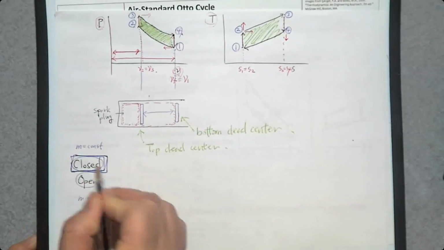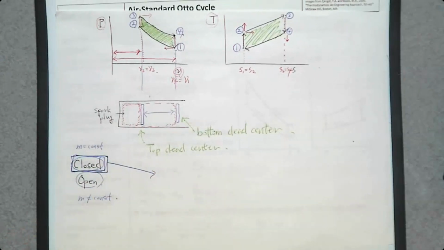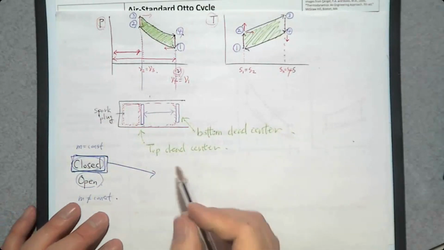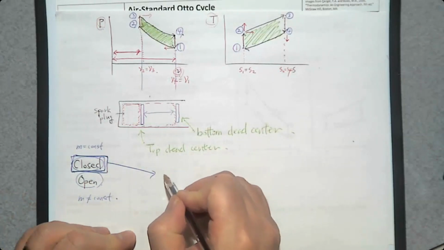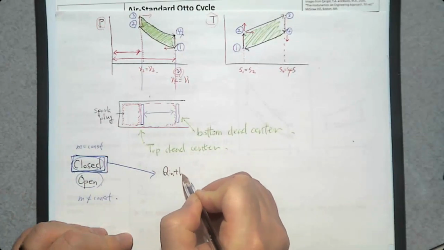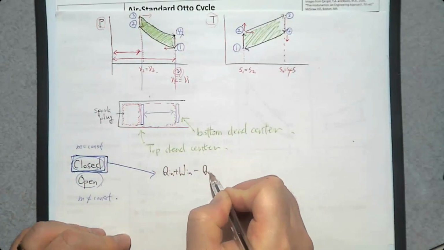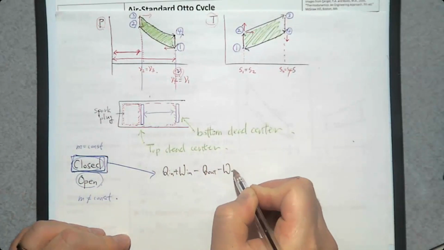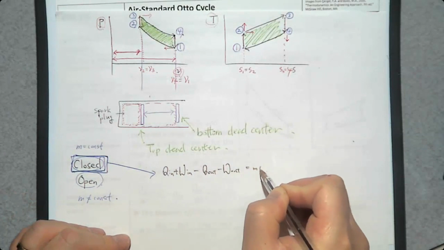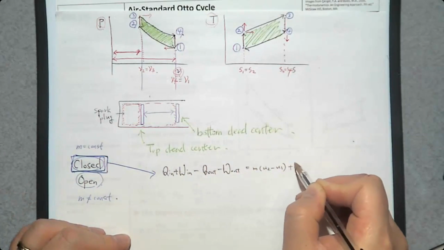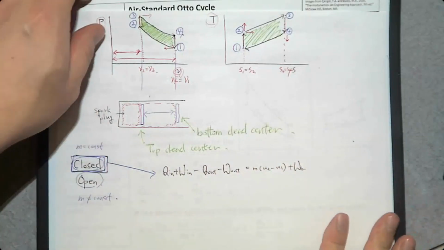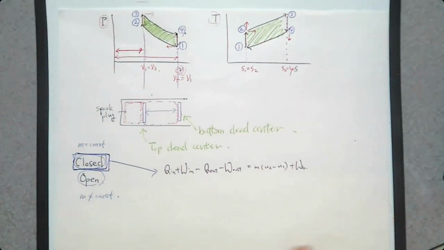So when you have a closed system, what is the energy balance equation? The energy balance equation is Q in plus W in minus Q out minus W out is going to be mass times U2 minus U1 plus moving boundary work. That is the general energy balance equation.